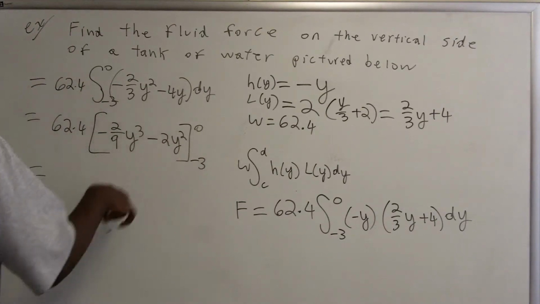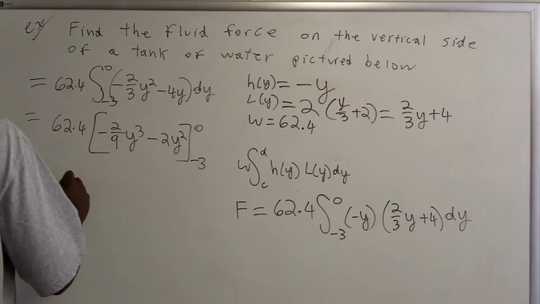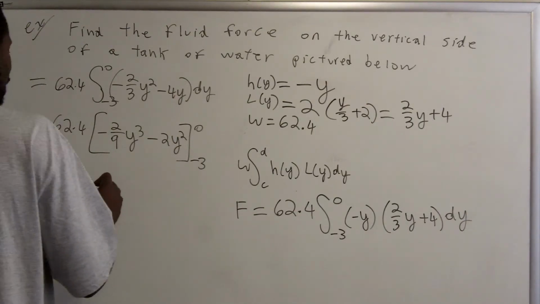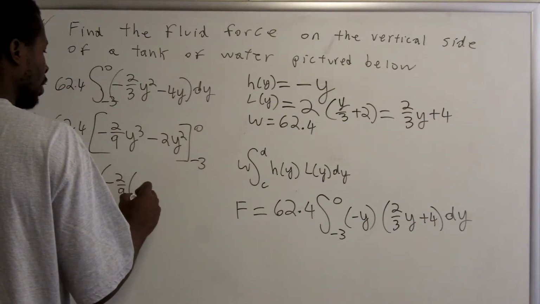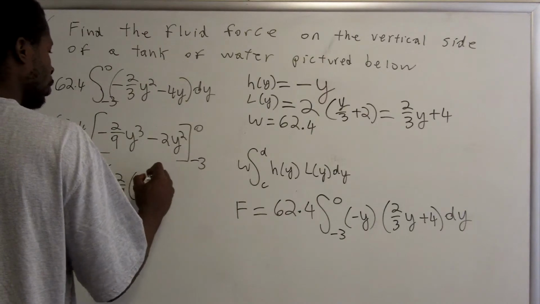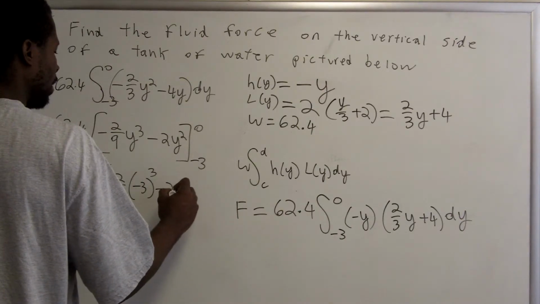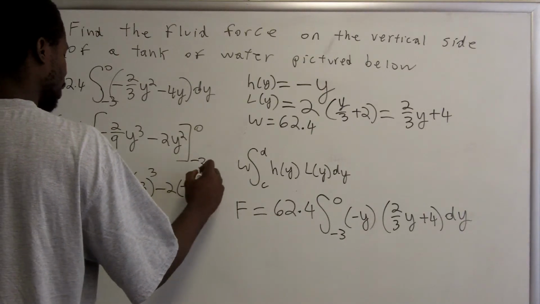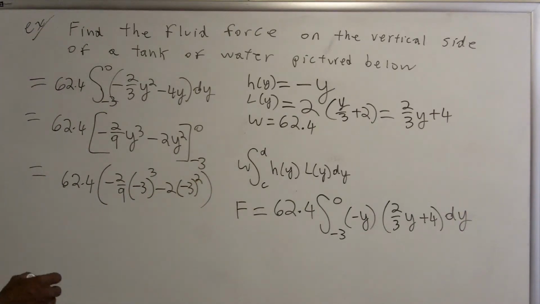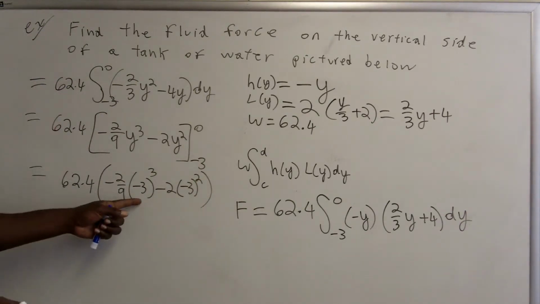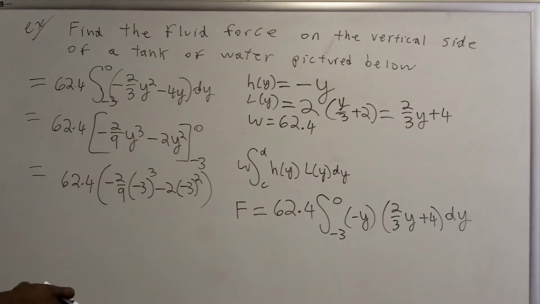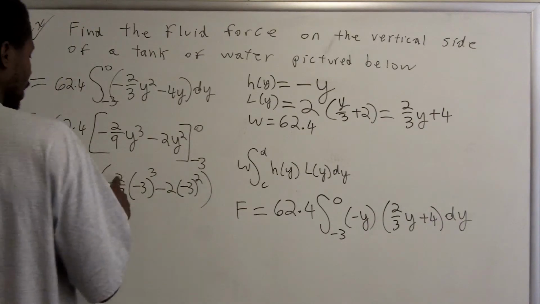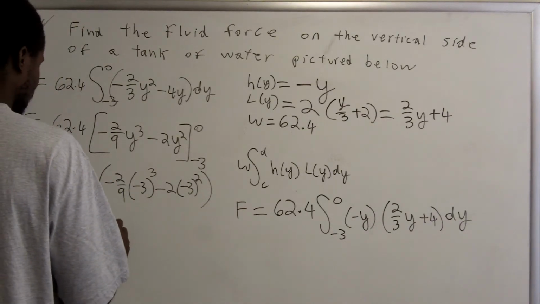When we plug in 0, everything wipes out. So all we get is 62.4 times -2/9 times y cubed, which is -3 cubed, minus 2 times y squared, which is -3 squared. This is negative 27 over 9, which is -3. -3 times -2 is 6.